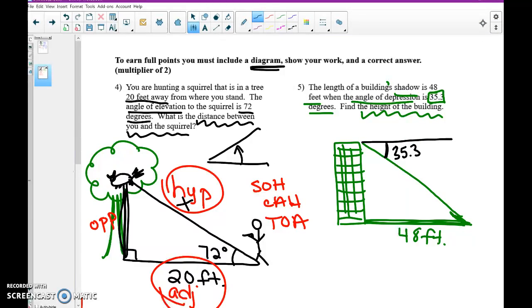Okay, now you could have done a couple things. You could have used this triangle and moved the 48 over to here and then solved for the height. However, there are some other ways you could do it as well. You could have realized that since angle of depression and angle of elevation are the same, this also is 35.3 degrees.